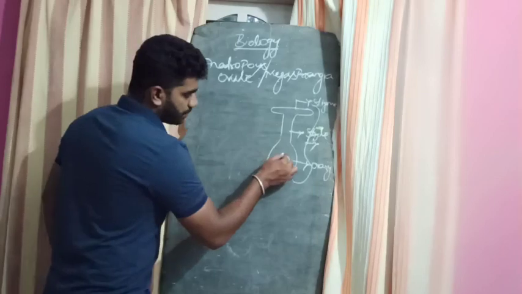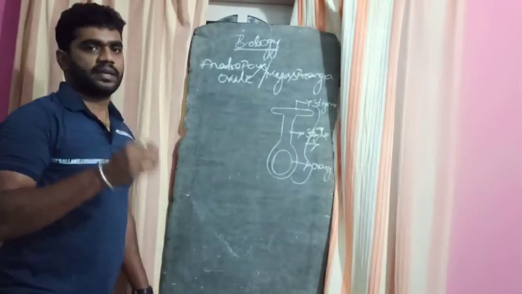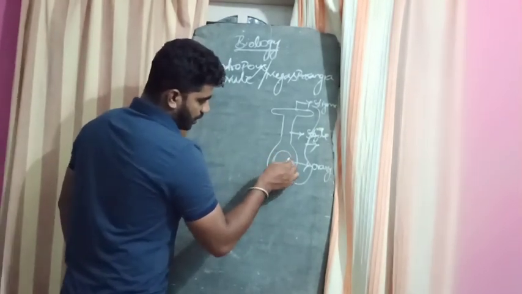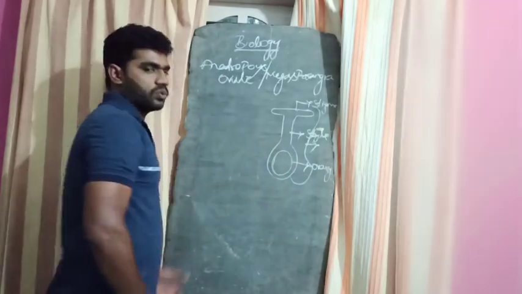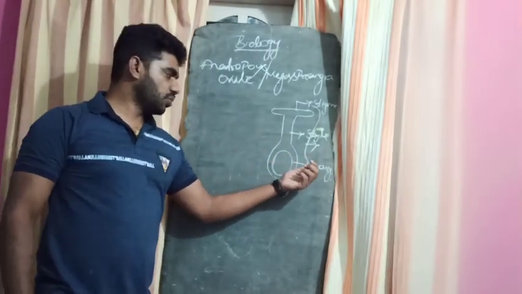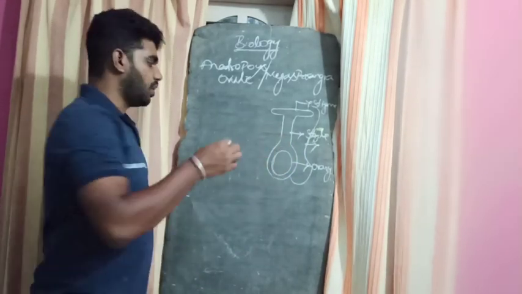Inside the ovary there is a spherical cavity, which we call the ovarian cavity or the ovarian locule. Please remember this.